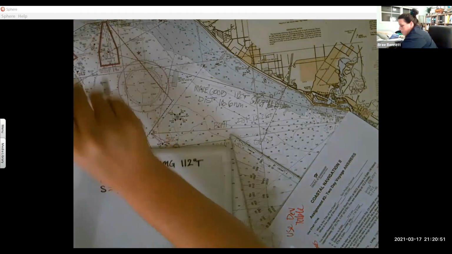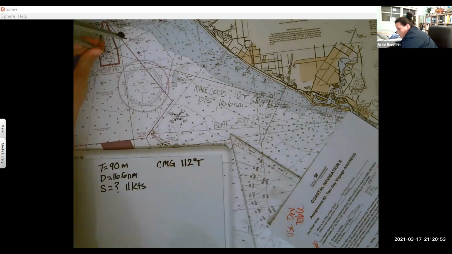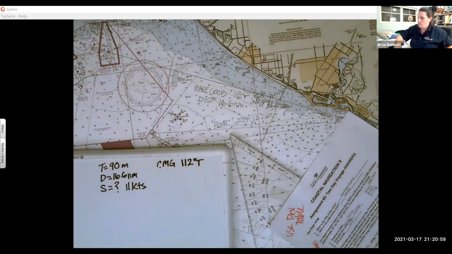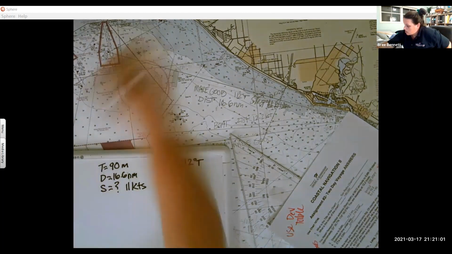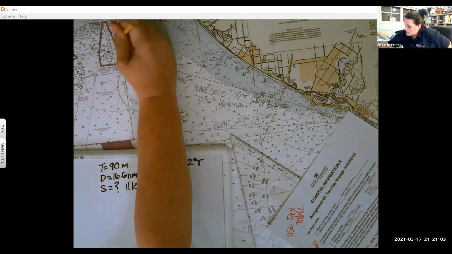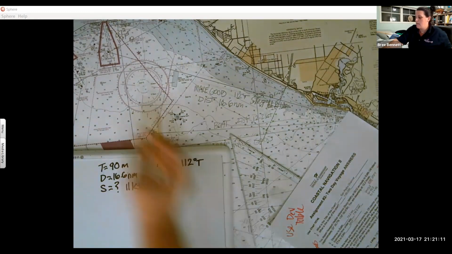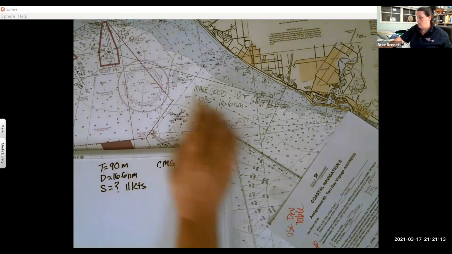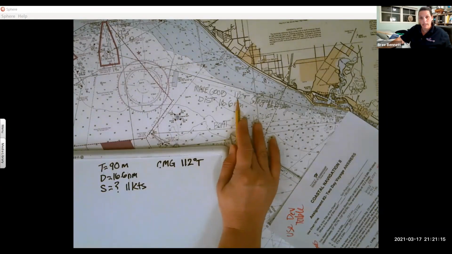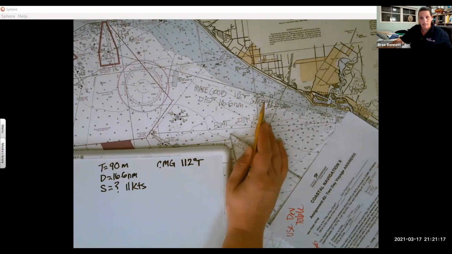I can do it with my left hand. Okay. So this is my current line of 1.7 knots at 070 degrees. This is my made good line at 121 degrees at 11 knots.